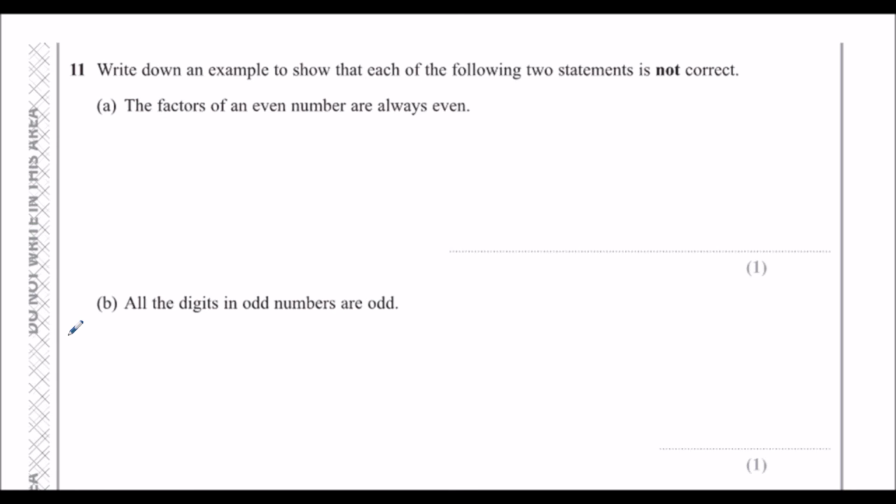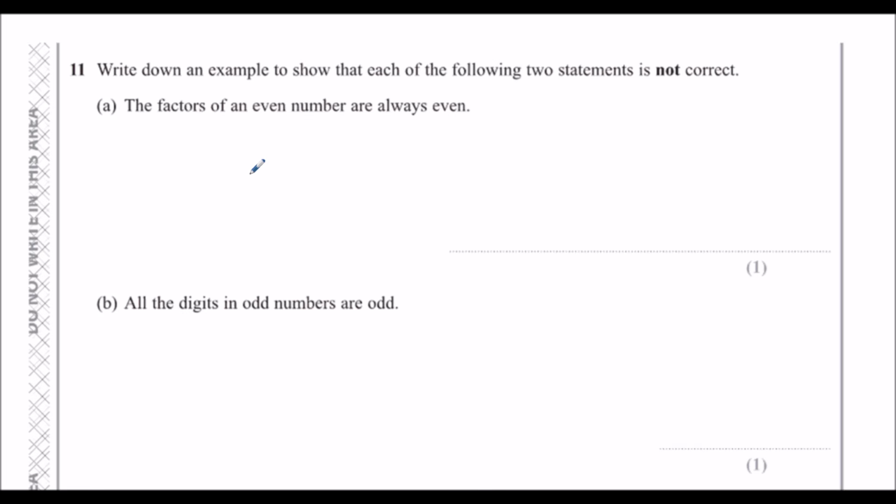Okay, question 11. Write down an example to show that each of the following 2 statements is not correct. So an example that shows the statement is not correct. The factors of an even number are always even. So the factors of an even number, so let's pick, we can pick most even numbers for this.